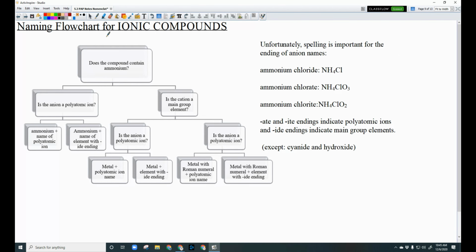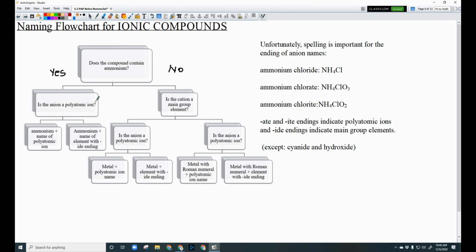So in this flow chart, you see here, does the compound contain ammonium? Well, all that's really asking is is the first unit a polyatomic ion, ammonium? Okay, so on flow charts, yes always goes to the left and no always goes to the right. Okay, so if it is the anion, is the anion a polyatomic ion?